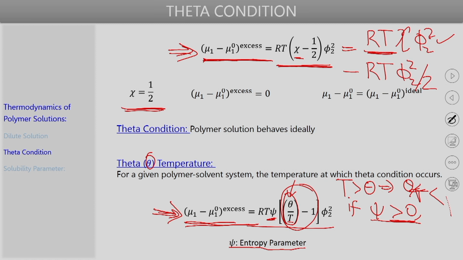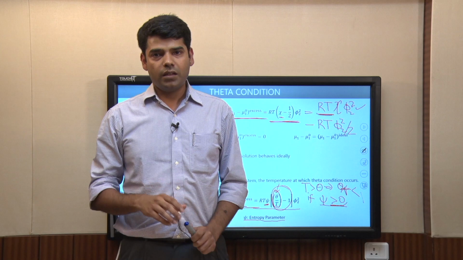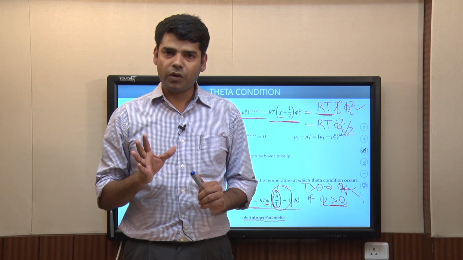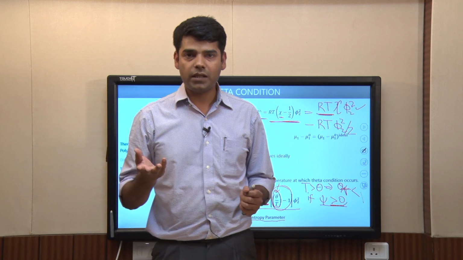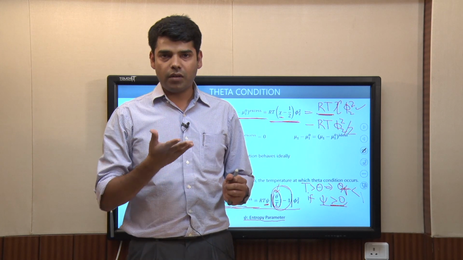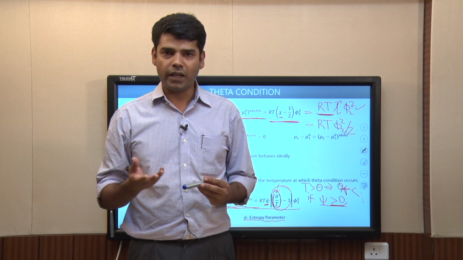So, if we have the solution at a temperature above its theta temperature, then provided the entropy parameter is positive, mixing will be favored, because the excess chemical potential difference will be negative.